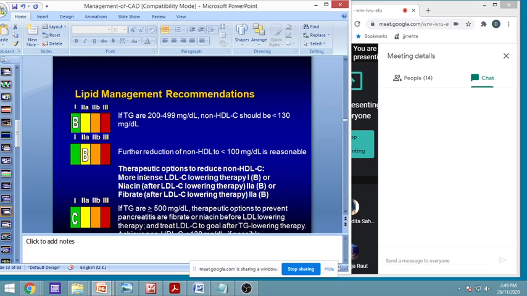As an example of this, if more drugs and more intense therapy are needed, then niacin can be added into therapy, or fibrates can be added.